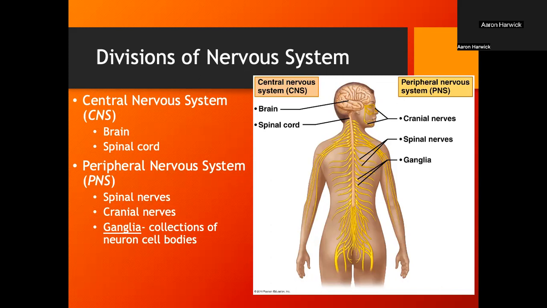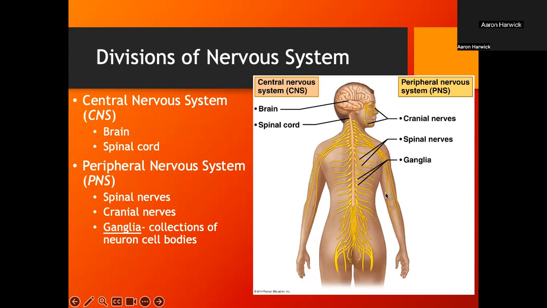The peripheral nervous system, also known as the PNS, basically consists of the spinal nerves, the cranial nerves, and the ganglia, which are collections of neuron cell bodies. So you can see here, the CNS is the brain and the spinal cord, and then the peripheral nervous system is the branch outs that are close to that area, such as the cranial nerves, spinal nerves, and the ganglia.